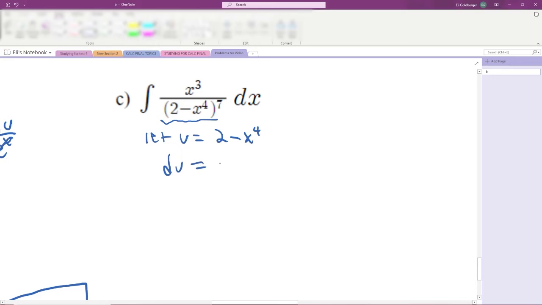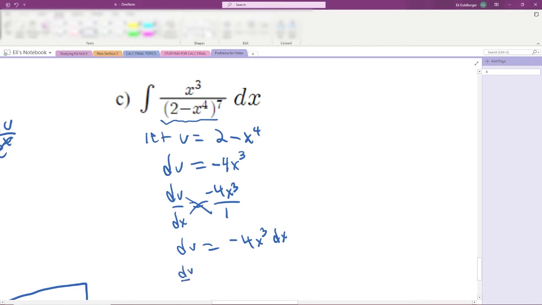Solve for du: the derivative of 2 is 0, the derivative of negative x to the 4th is negative 4x to the 3rd, so du over dx equals negative 4x cubed over 1. Cross multiply, you get du equals negative 4x cubed dx. Divide both sides, you get du over negative 4x cubed equals dx. So that's what we're going to replace it with.